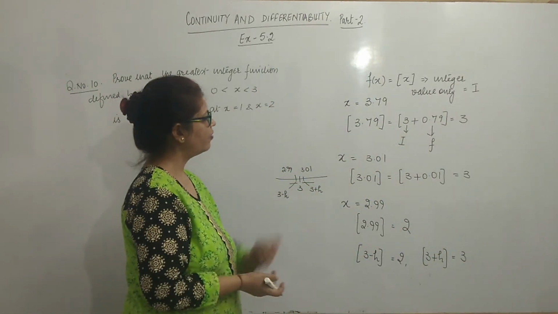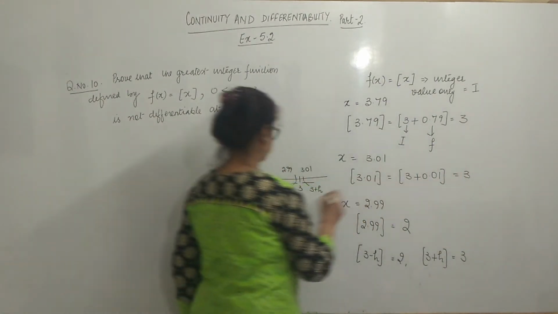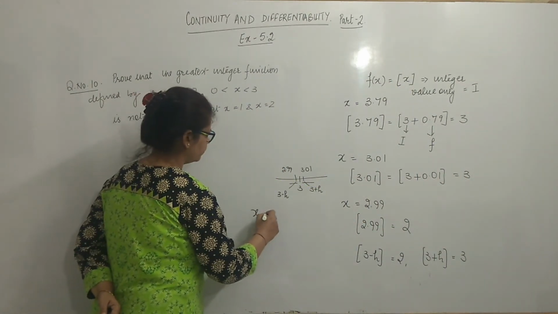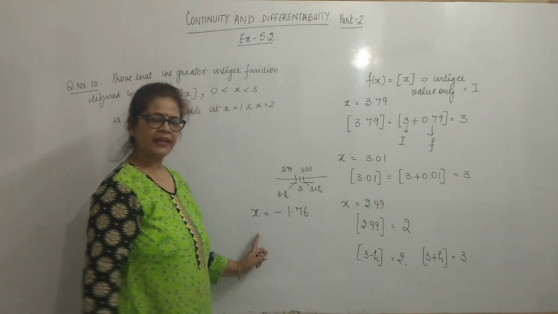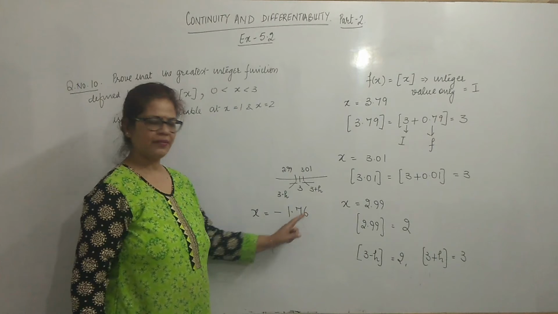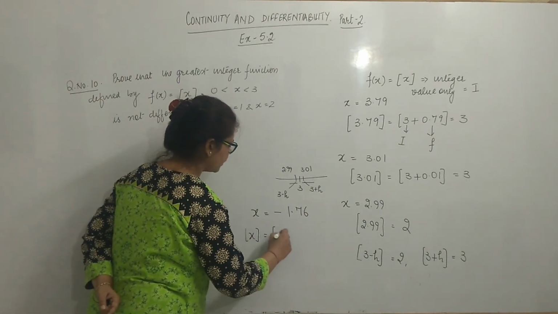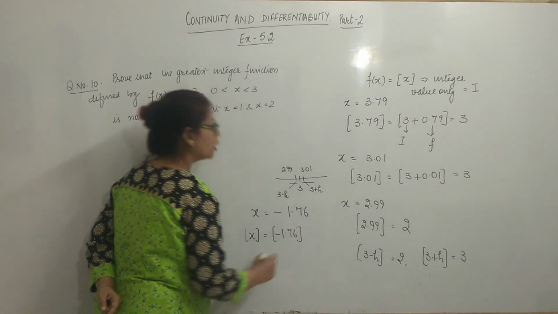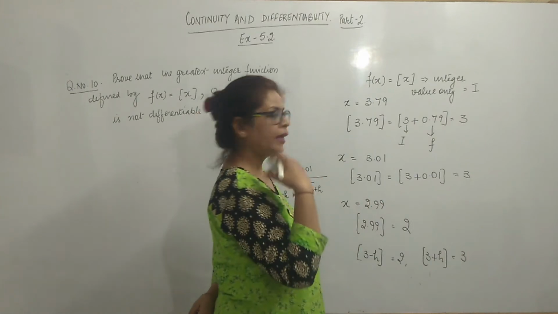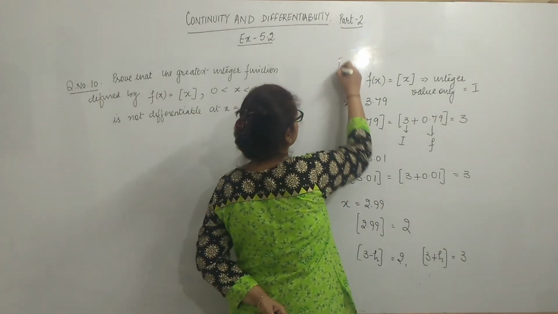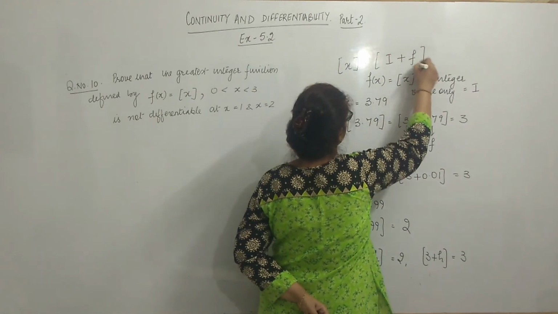What will happen if x is negative real number? Suppose I take x is equal to minus 1.76. Always remember, when you are taking integer value only, then this function works as integer part plus fractional part.